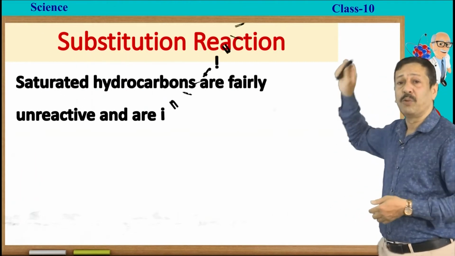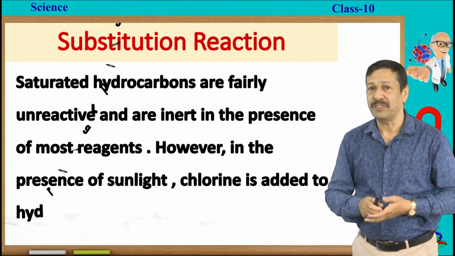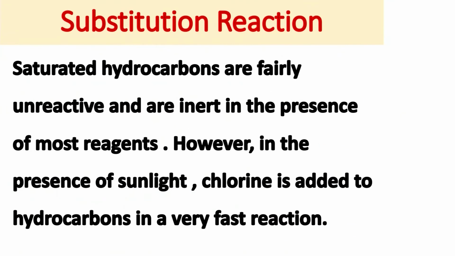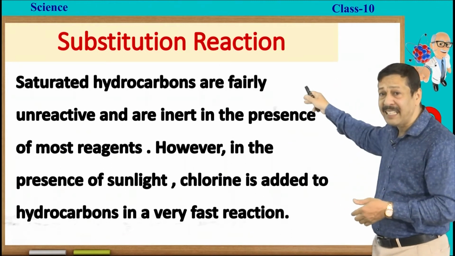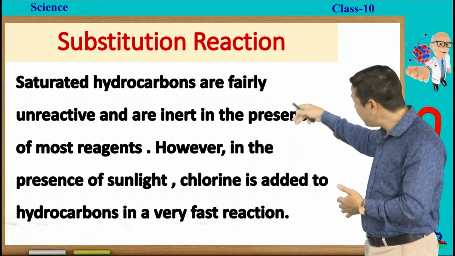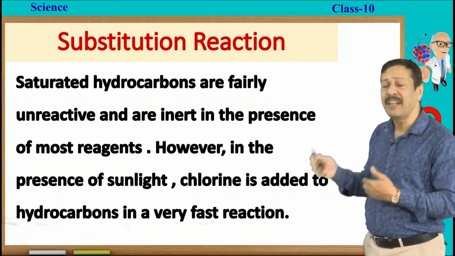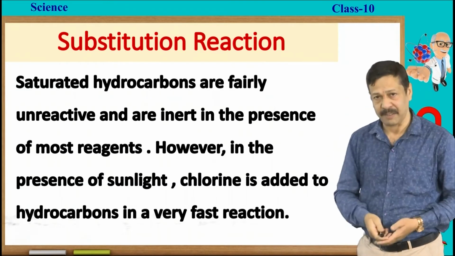Now let us move on to another kind of reaction, that is substitution reaction. Saturated hydrocarbons are fairly unreactive and inert in the presence of most reagents. However, in the presence of sunlight, they undergo substitution reaction at a faster rate.